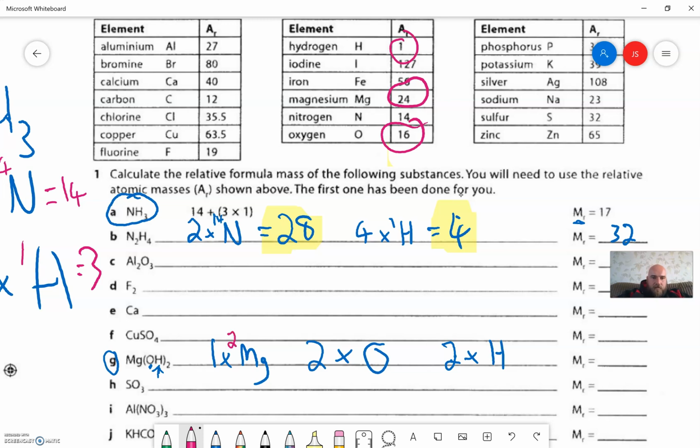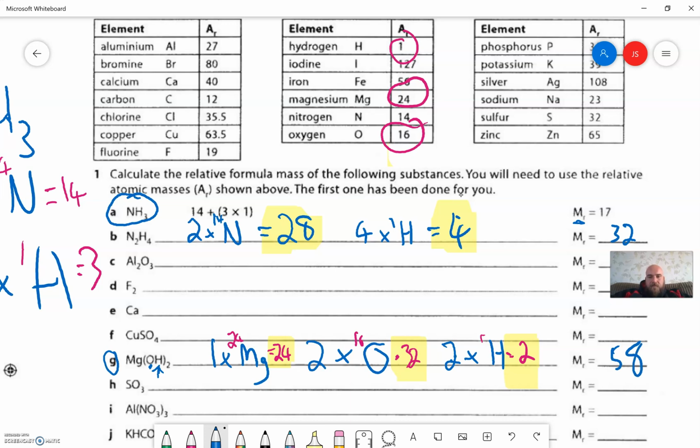Magnesium's 24, oxygen's 16, hydrogen's 1. So 1 times 24 is 24, 2 times 16 is 32, and 2 times 1 is 2. If I add those numbers together, it should give me the correct answer, which I believe is 58.